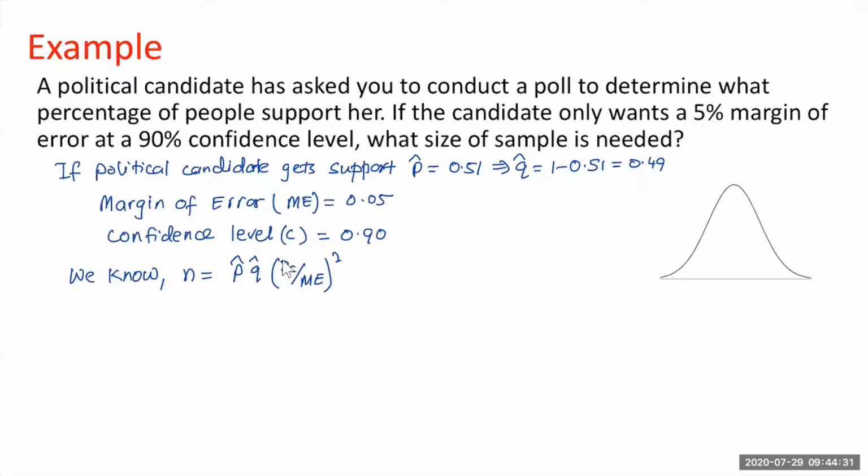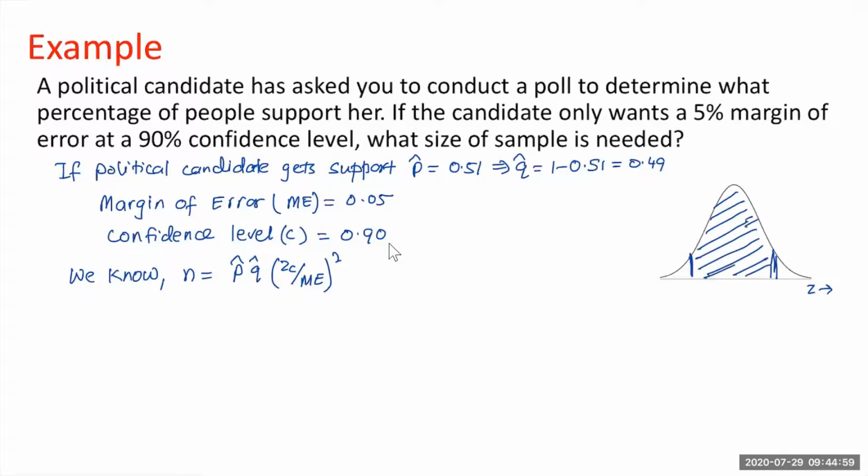So we are going to find z sub c for 90% confidence level using the z distribution, because we are looking for z sub c. So for that, along the x-axis, you will have the z score, and then 90% area in the middle. So this area here is 90%. Let's label that.